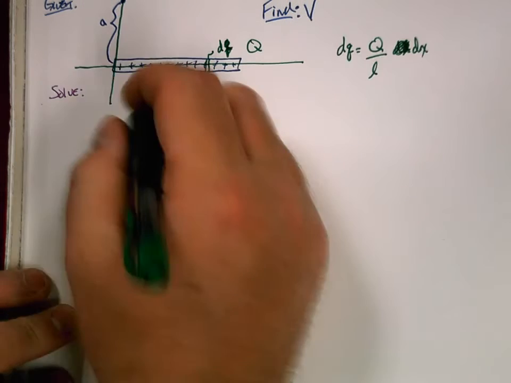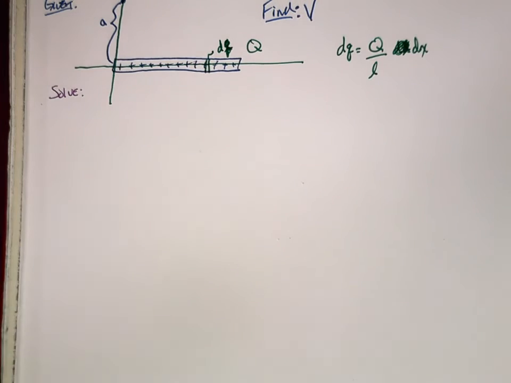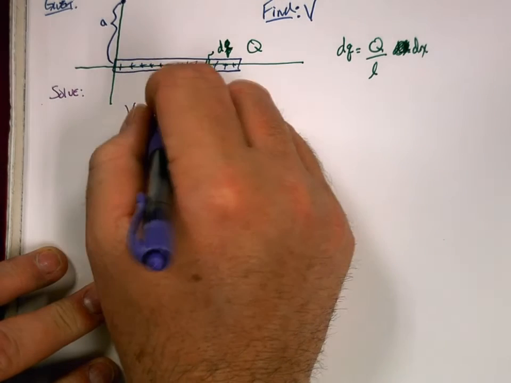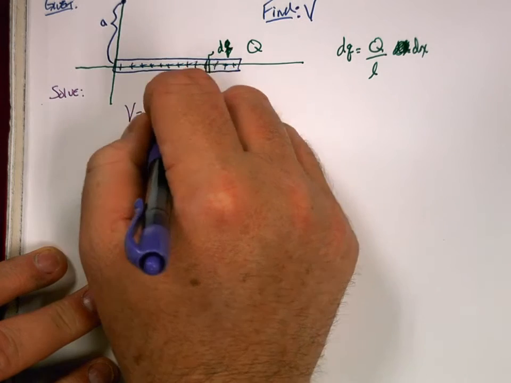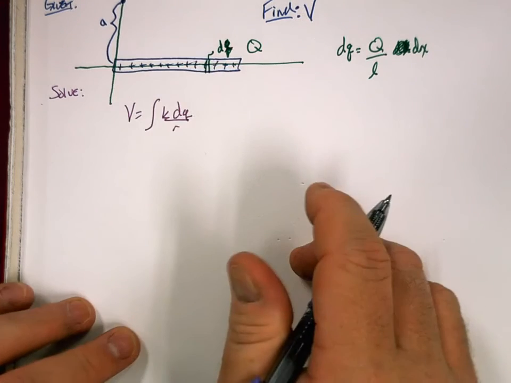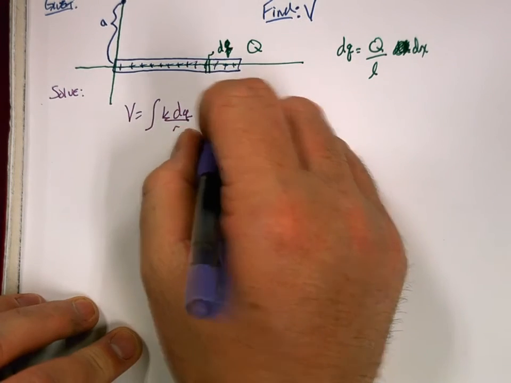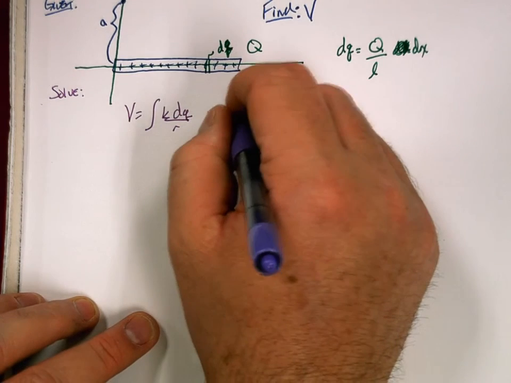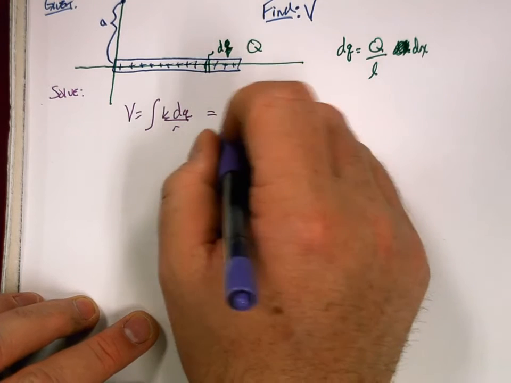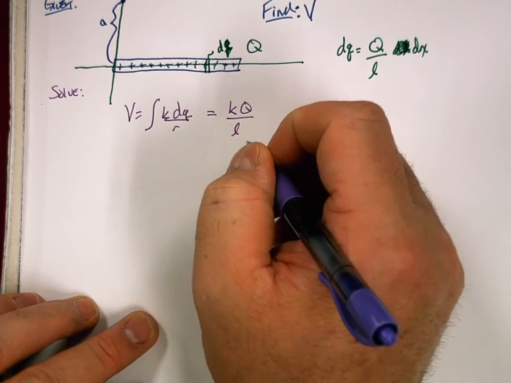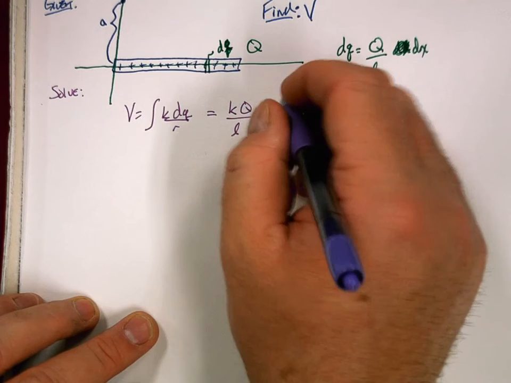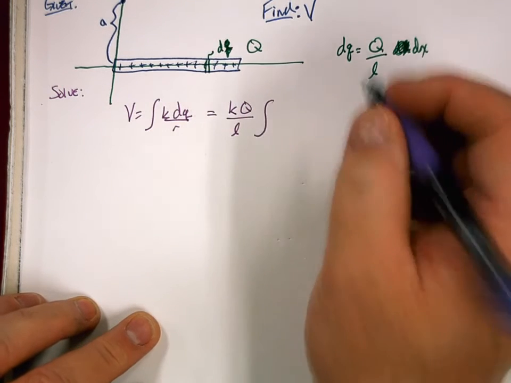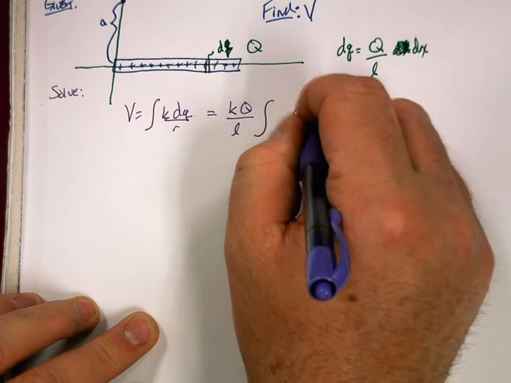All right, so our voltage is the integral of k dq over r, and we pull out our constants. This is going to be kQ over L, I'm skipping a little bit of a step here, times the integral of dx over r.